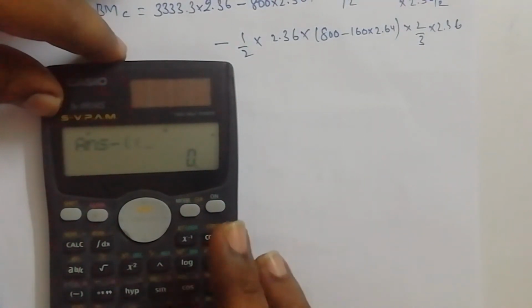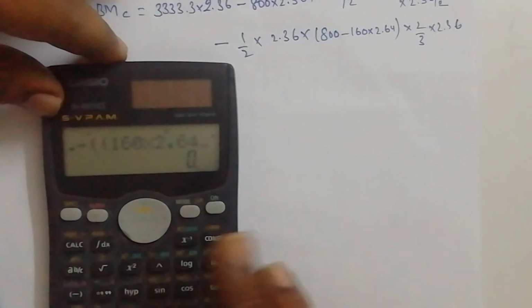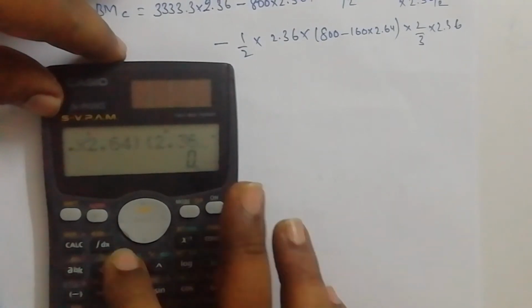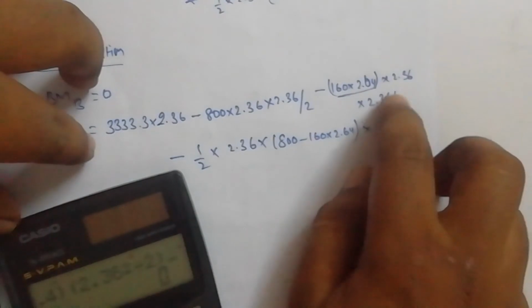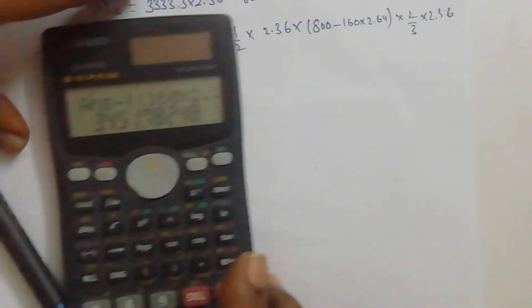I will use these brackets, 2.64 into 2.36 square divided by 2. Why square? Because here 2.36 two times is the square I am trying to do. So we will get this value.